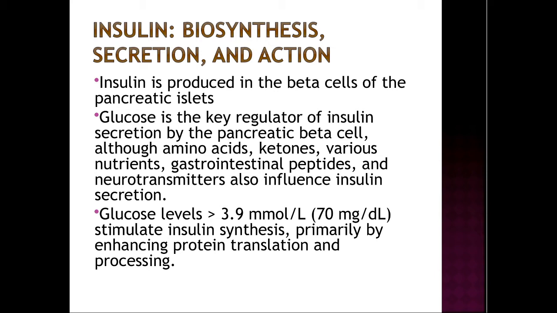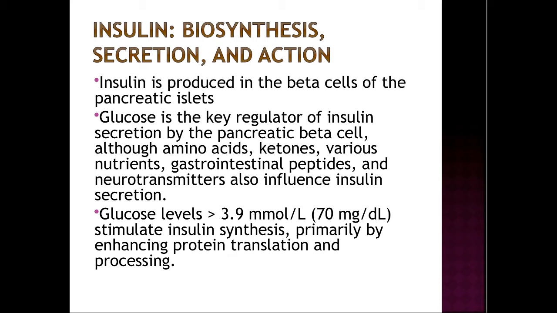Insulin is produced in beta cells of the pancreatic islet. Glucose is a key regulator of insulin secretion by the pancreatic beta cells. Also, amino acids, ketones, various nutrients, gastrointestinal peptides, and neurotransmitters also influence insulin secretion.